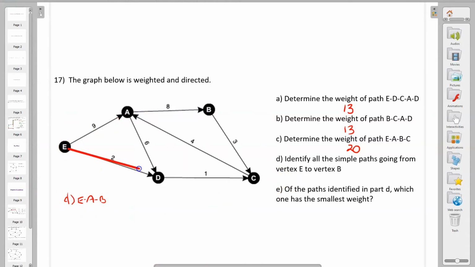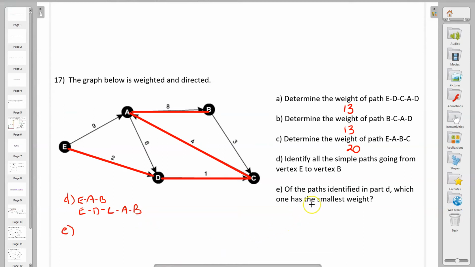Second path, we go from E to D. We can't go back to A, so we're going to continue on to C. Can't go up to B, we have to zigzag back to A. And finally, A to B. So a second simple path is E, D, C, A, B.